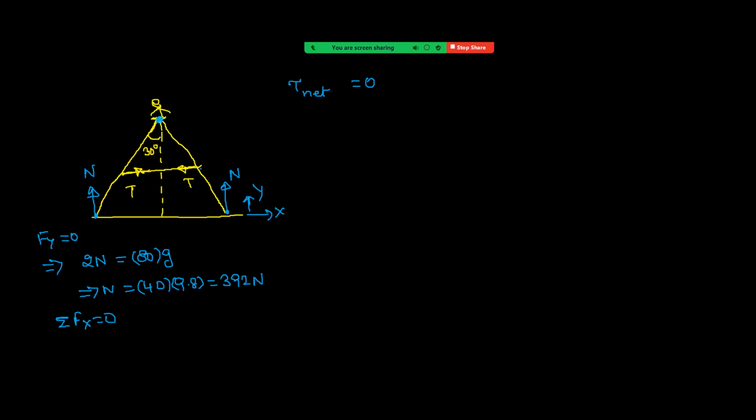Then see what happens about the person. That means because of weight of the person, there is no torque. I'm drawing once again here. This is now right leg. Force is acting on the right leg.